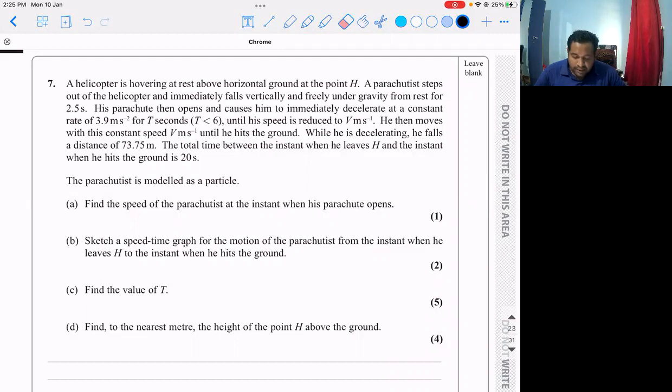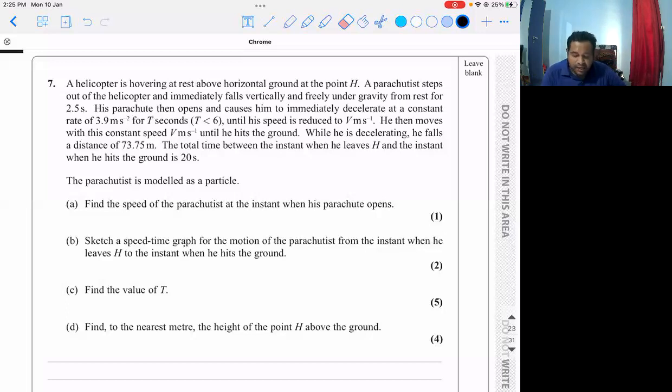His parachute then opens, causing him to immediately decelerate at a constant rate of 3.9 meter per second square for t seconds, and it is given that t is less than 6. Then, until his speed is reduced to 4b meter per second, he then moves with the constant speed b meter per second until he hits the ground.